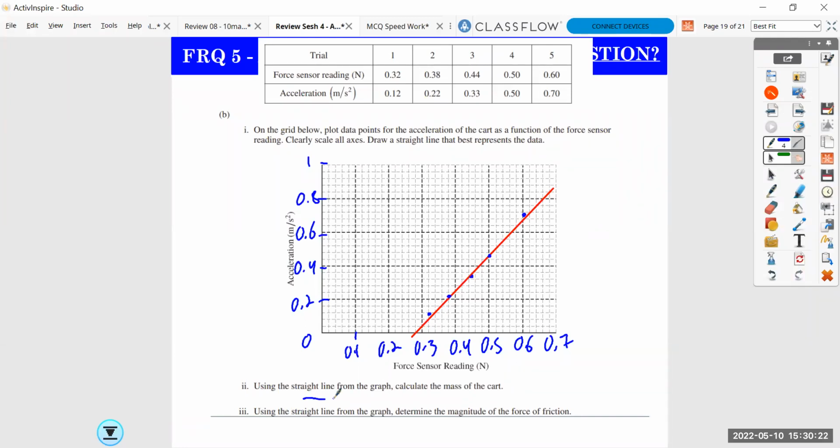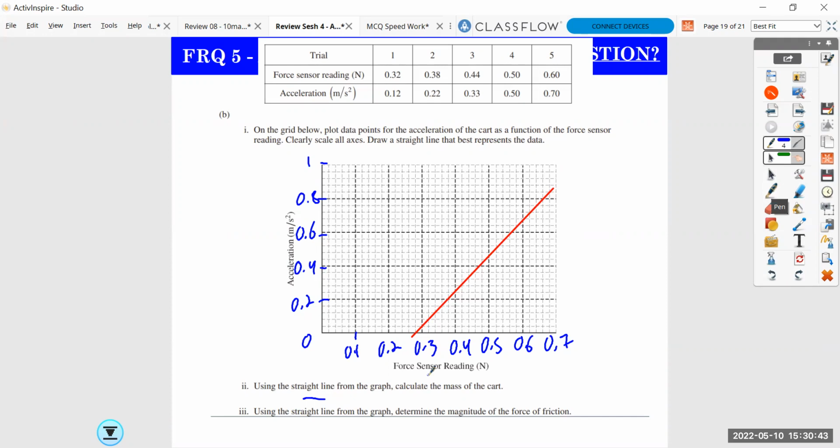So if I'm looking at the line, in fact, if they ever ask you to draw a line of best fit, you should basically ignore the data points from then on and only use the line, because the data points are subject to experimental error. Here we're looking at our line. So this is acceleration and force.